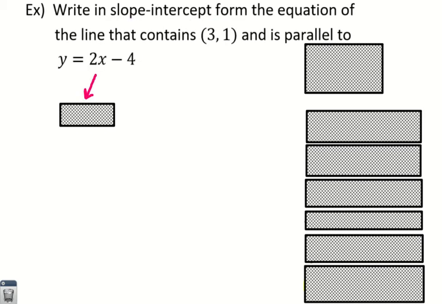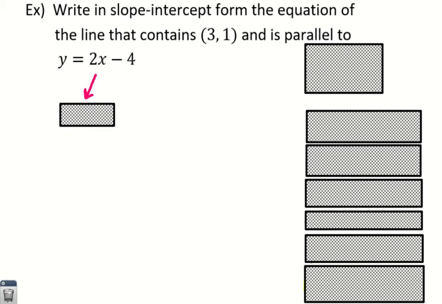Okay, 2 more problems, I believe. Write in slope-intercept form the equation of the line that contains 3, 1 and is parallel to the line represented by this equation. Okay, so they're giving me a point, but what else do we need? We need the slope, of course. We always need the slope. They're not telling us the slope.